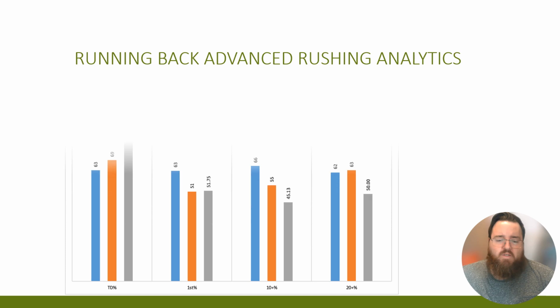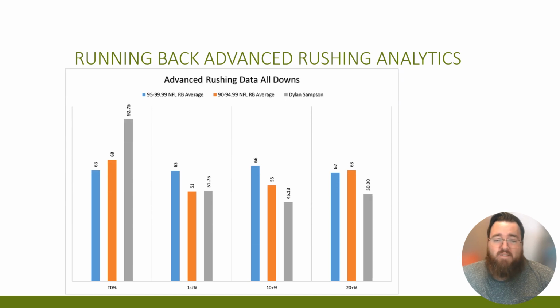Then, of course, we get to his running back advanced rushing analytics. Based on this data, he did really well in terms of TD percentage. First down conversion rate on all downs and distances was okay. His percentage of 10 plus yard rushes was below average, and his percentage of 20 plus yard rushes was only 50 percentile, so basically average.